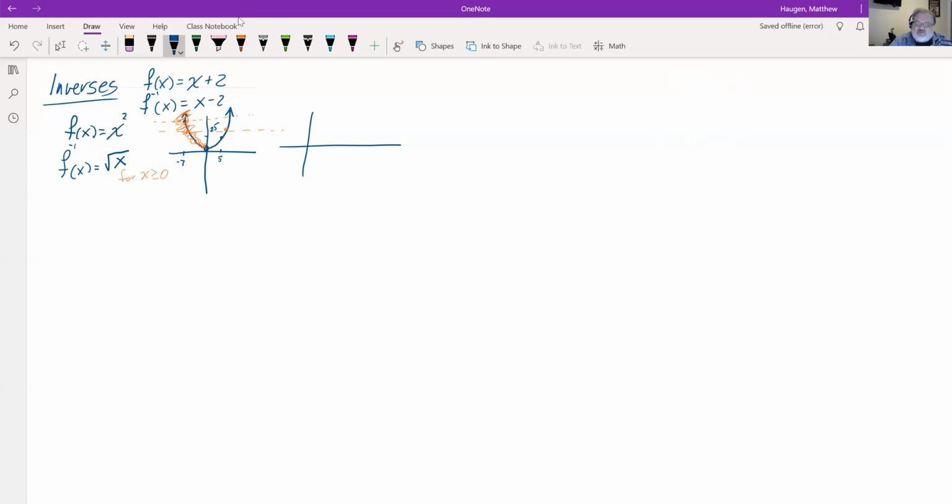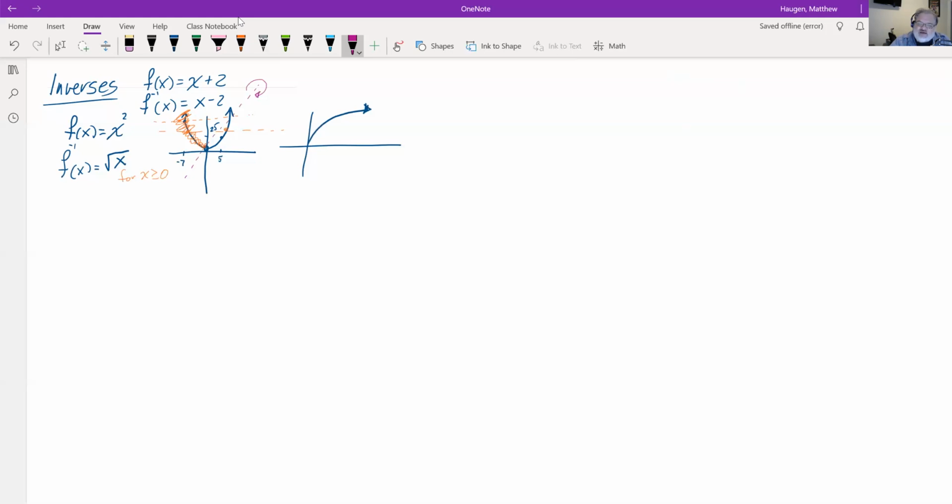Similarly, if you graph the square root function, the graph only has that one curve to it. Well, it's trying to be a flipped x squared. If you take the x squared, and you guys know how to build inverse functions, you rotate the graph around that line y equals x.